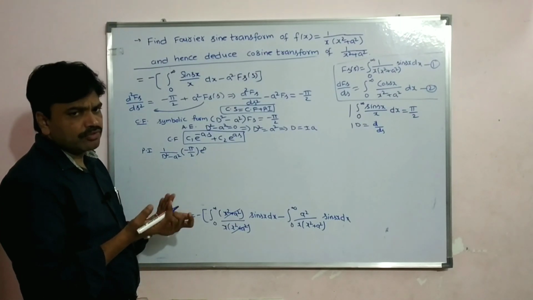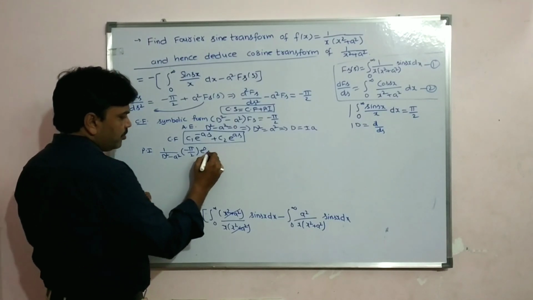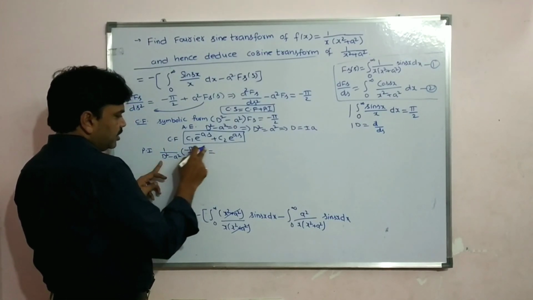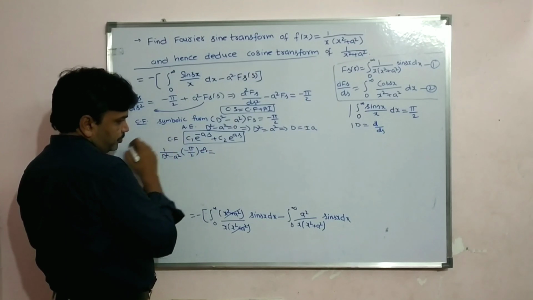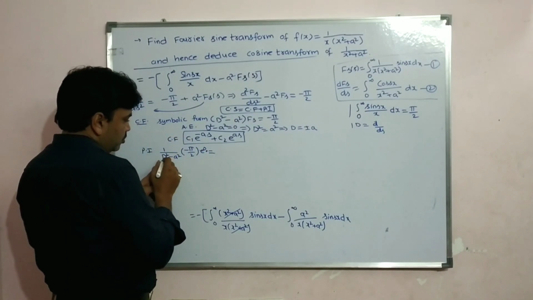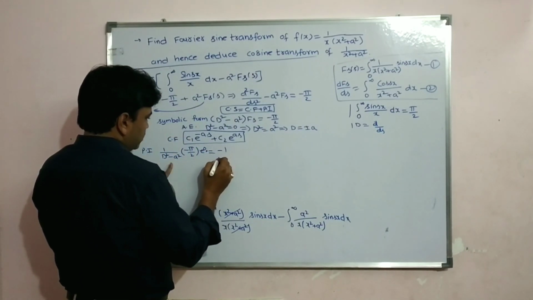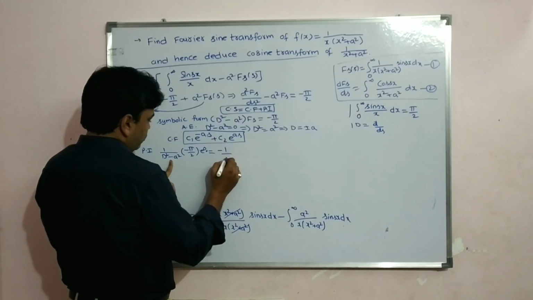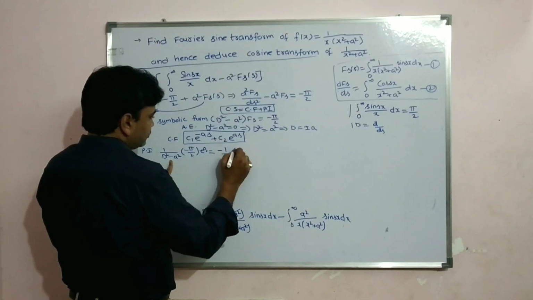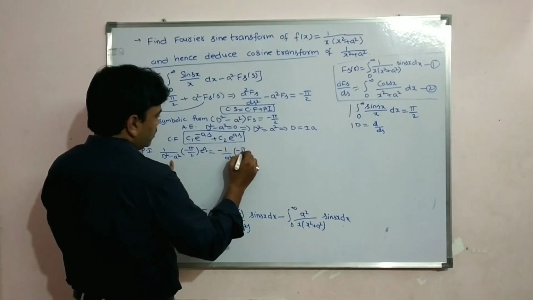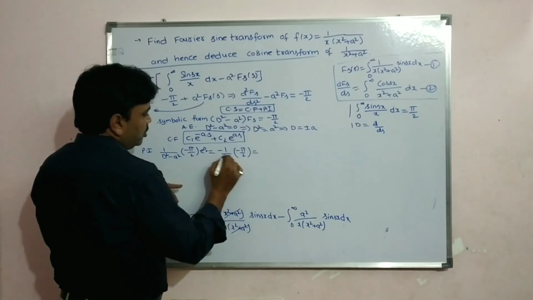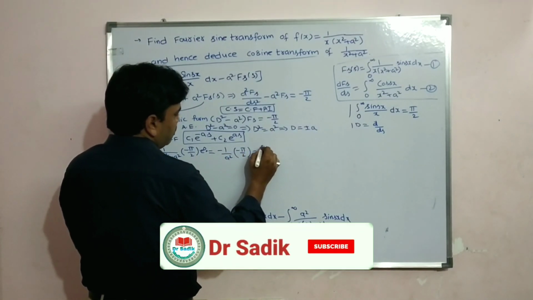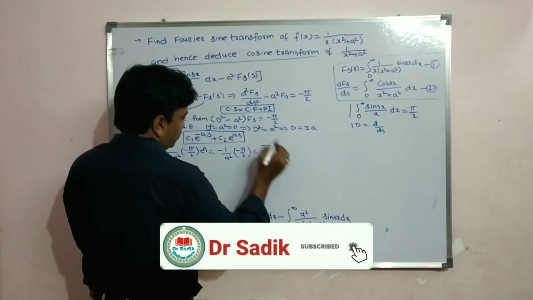E power 0 value is 1. So whenever it is e power 0, replace D by 0. So we get here minus 1 by a² into minus π/2. So minus into minus plus, we get π/(2a²).